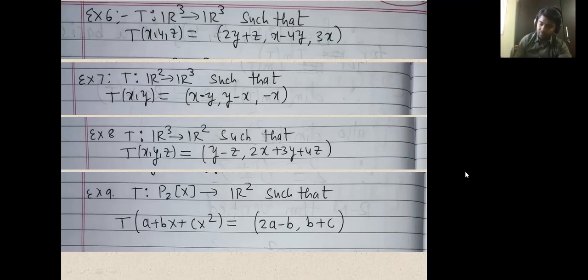So we will split this vector, so it will be (0, 2x) plus (y, 3y) plus (-z, 4z), such that x, y, z belongs to R. See this, what I have written. I split this vector into three components like this.